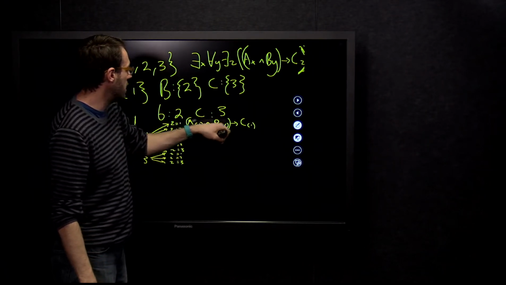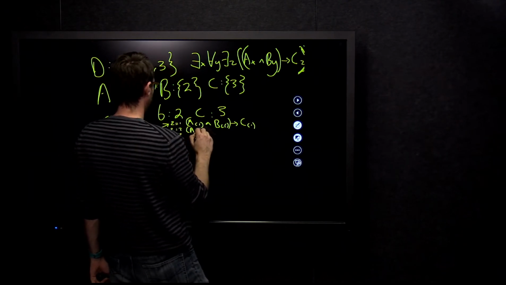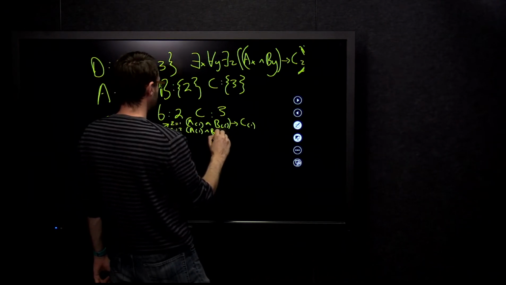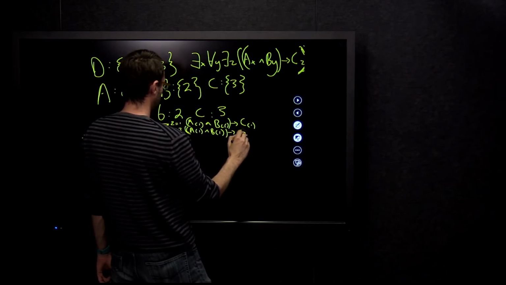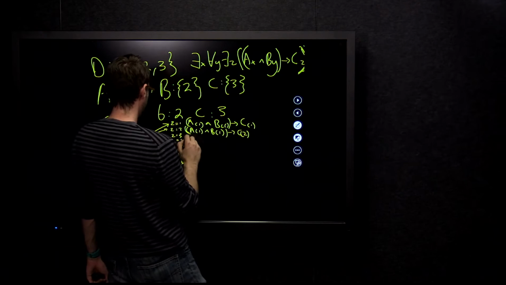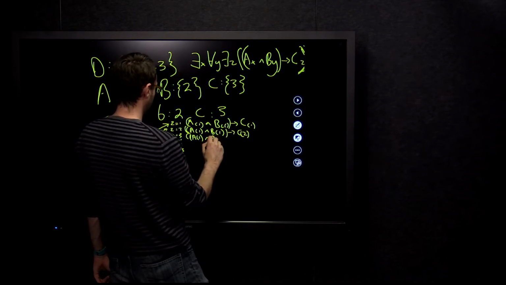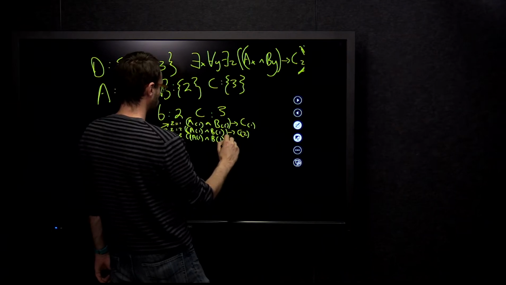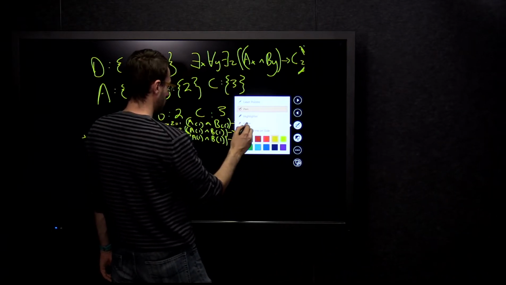And then next is A1 and B1 arrow C2, then A1 and B1 arrow C3.